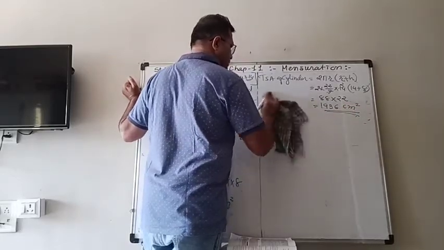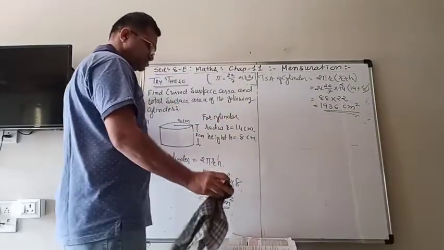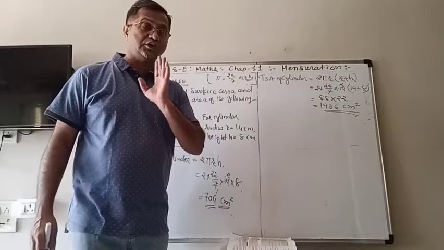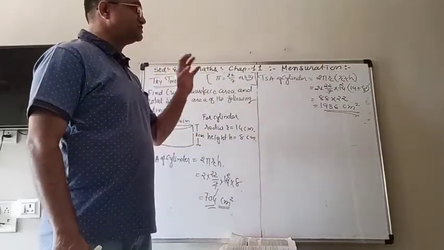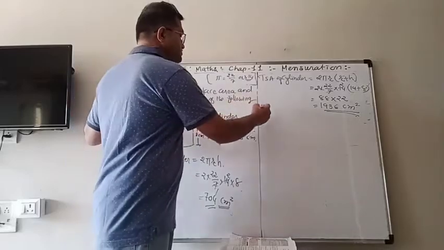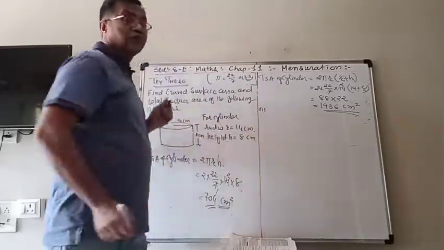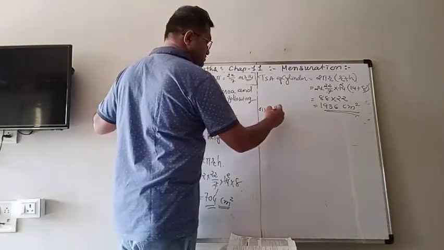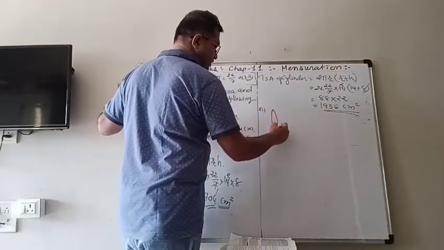So if you remember the formulas, only this sums are possible. As I told you in the beginning also, this chapter is formula based chapter. Here the second one is also there. Here the cylinder is drawn like that.